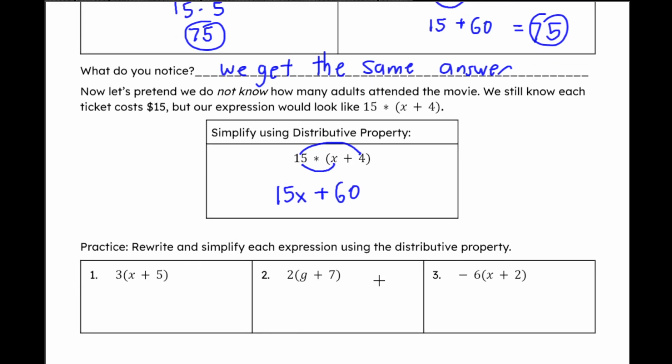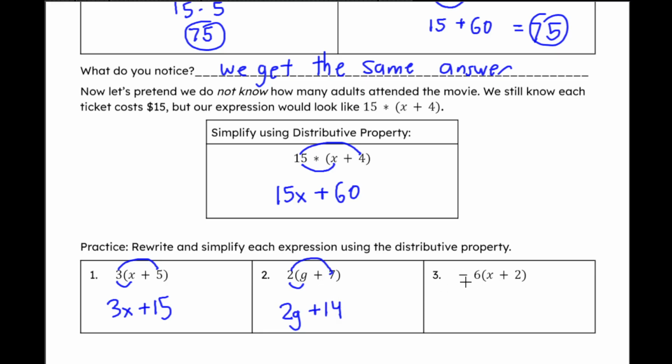I'm going to do these 3 examples here. 3 times x is 3x, plus 3 times 5 is 15. So, we have a g now instead of x. It doesn't matter. Whatever letter it is, it's still the same thing. 2 times g, that's just 2g, plus 2 times 7, that's 14.